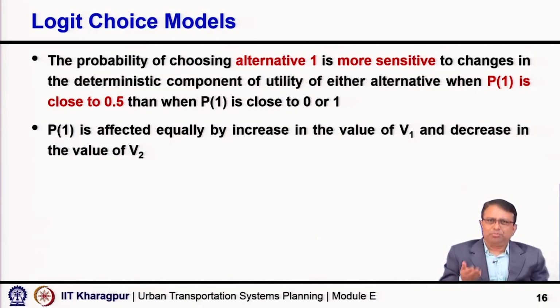If I increase V1 or if I decrease V2, the effect is going to be the same. Why? Because it is the difference V1 minus V2 that matters. The difference may come because of a change in V1, or because of a change in V2. It does not depend on where the change is happening. It is basically the relative value, that means the difference V1 minus V2, that is controlling.